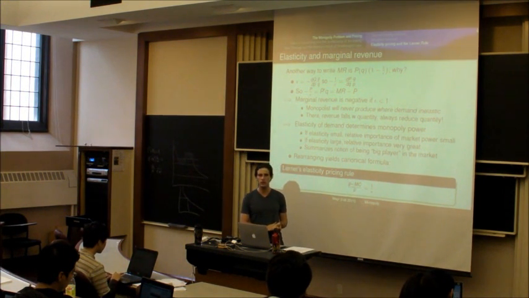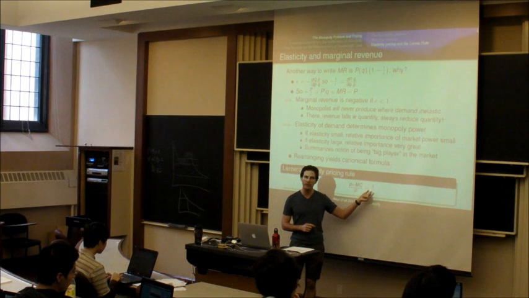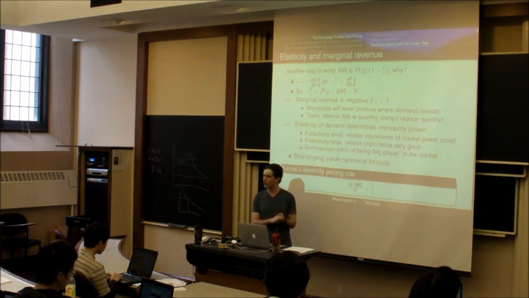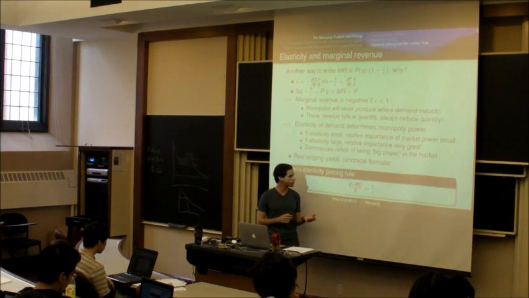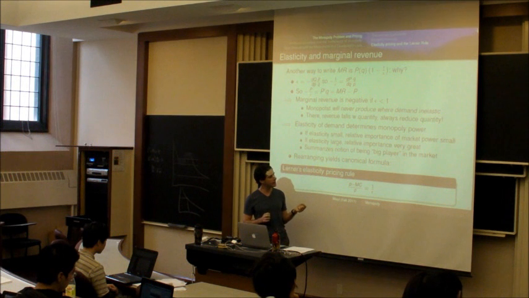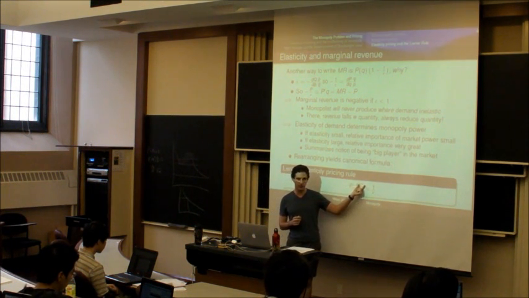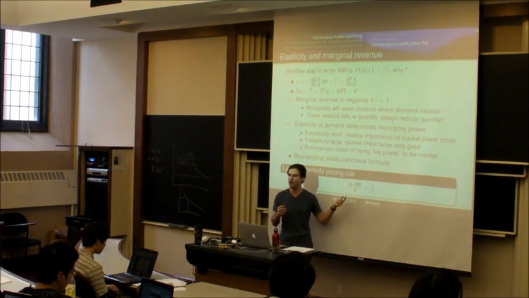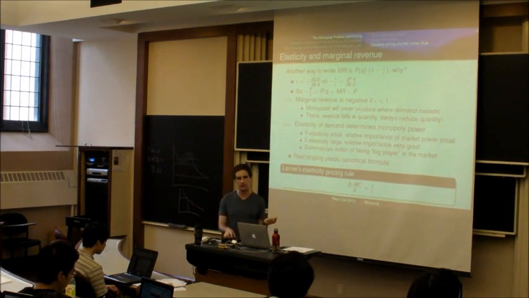So this is a reason why elasticity is often used as a way to measure market power. If elasticity is low, you have a lot of market power. And so as a result of that, sometimes in antitrust, people will use the difference between price and marginal cost divided by price as a measure of how much power the firm has in the industry.